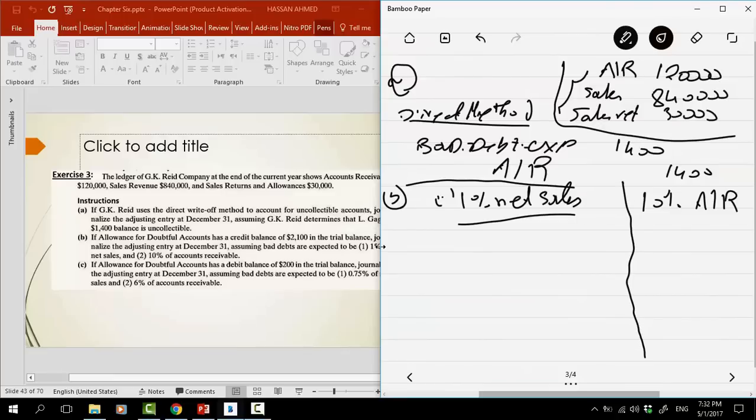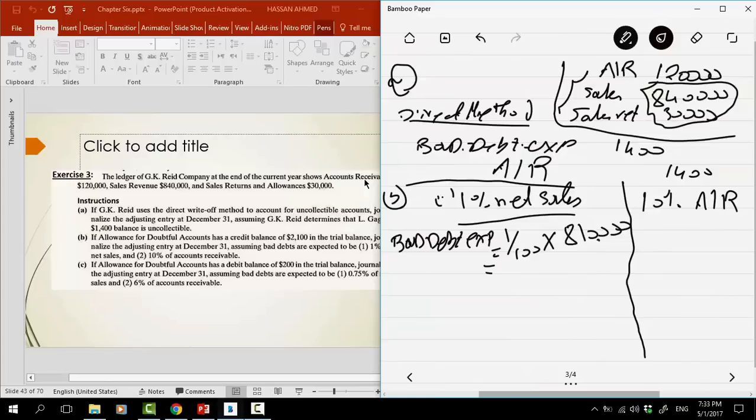Okay. 1% from the net sales. How will we get the bad debt expense? The bad debt expense will be 1% from the net sales. Where is the net sales? Sales minus sales return and allowance. 840 minus 30 is 810. 1% multiplied by $810,000 will be 8,100.